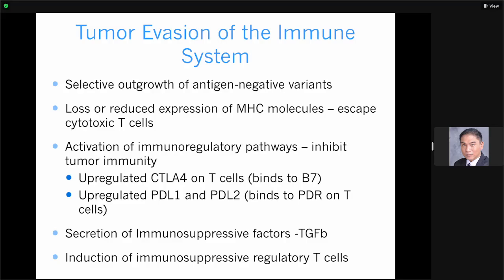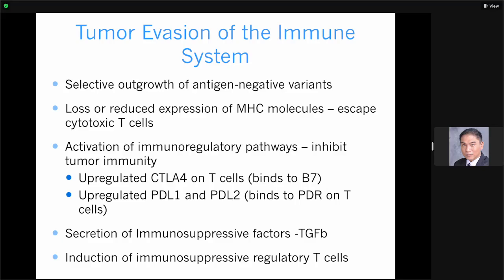How do cancer cells evade the immune system? By selective outgrowth of antigen-negative variants for them to be undetectable ng mga cells na may receptor for the original antigen of the tumor cells.